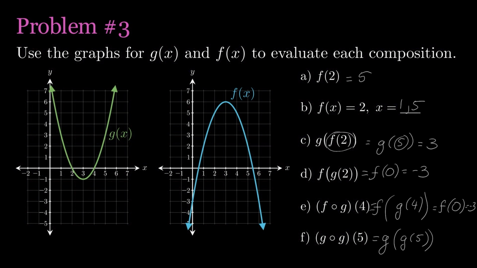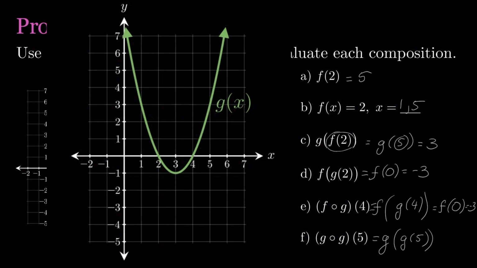So starting with g of 5, we look at the graph of g of x and look at the point on the graph whose x-coordinate is 5. X of 5 is here, so that point is right there. And it appears its y-coordinate is 3. So that's what g of 5 is.